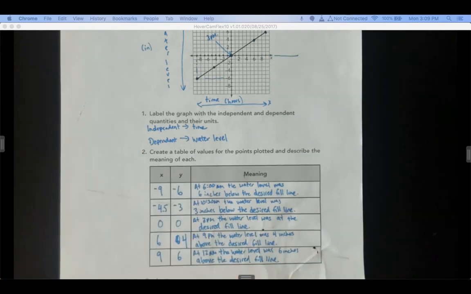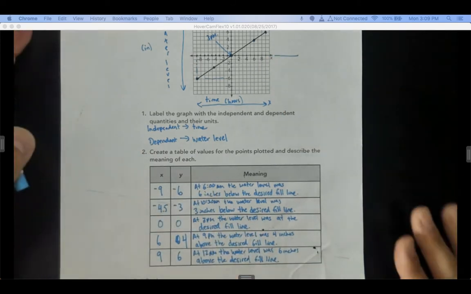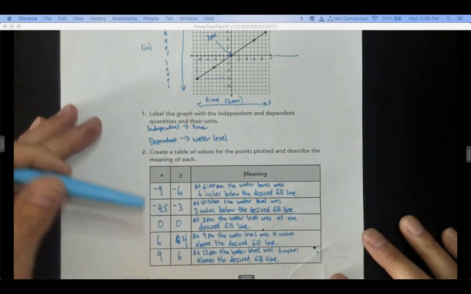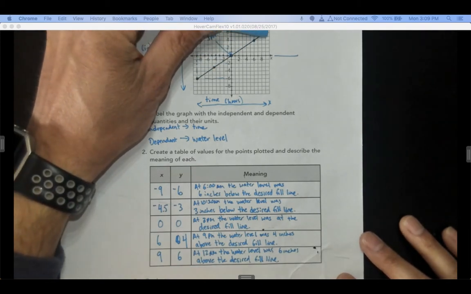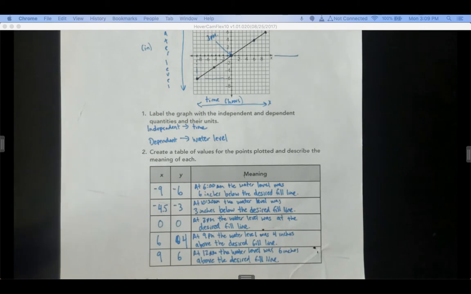So if I'm trying to make a story that goes with this, maybe they turned the water on because it was low, and then they forgot about it the whole day, and then by midnight, it was 6 inches above where they wanted it to be. Again, we're using graphs in different situations, and being able to interpret them and see what's going on in a situation.